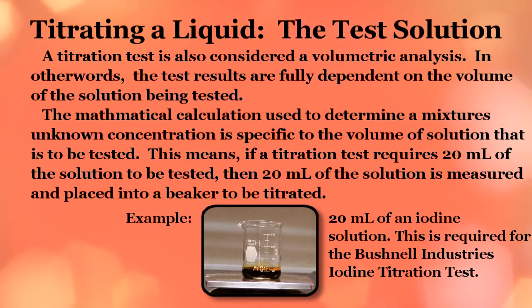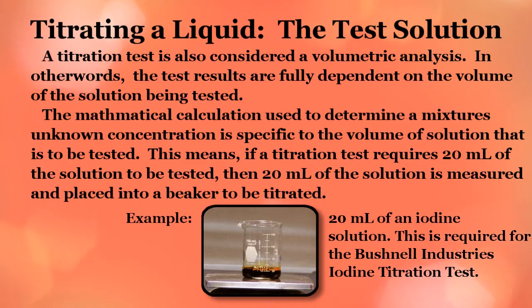Titrating a liquid, the test solution. A titration test is also considered a volumetric analysis. In other words, the test results are fully dependent on the volume of the solution being tested. The mathematical calculation used to determine a mixture's unknown concentration is specific to the volume of solution that is to be tested.